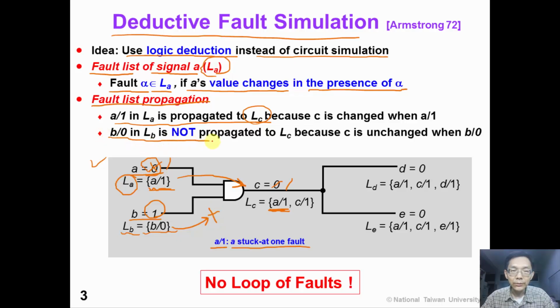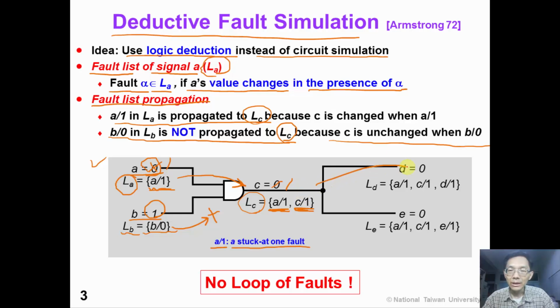So B stuck at 0 fault is not propagated to the output fault list LC, because C is unchanged even when B is stuck at 0. Please note that C stuck at 1 fault also appears in the fault list LC, because when C is stuck at 1, the value of C will be changed to 1.